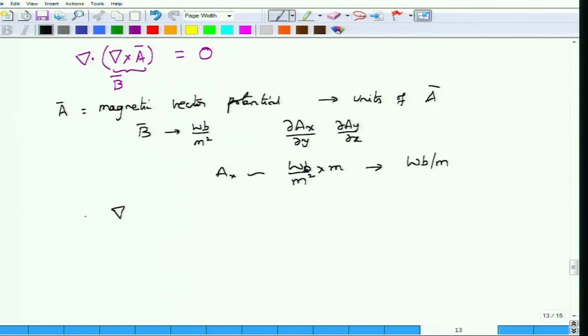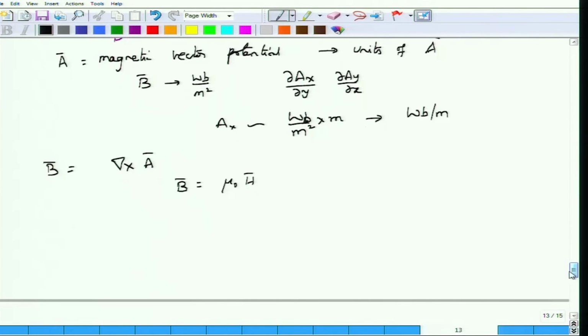So, I know that B is equal to del cross A. I also know that B is equal to mu 0 H for free space, which is what we are going to consider for now. So, if I substitute for B here, I get mu 0 H is equal to del cross A. Now, let me consider this equation in a reverse way.